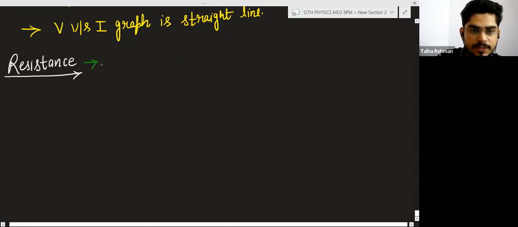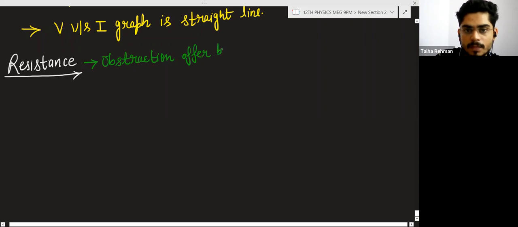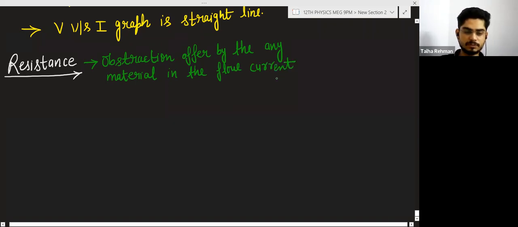Obstruction, you can say hindrance, offered by any material in the flow of current. The resistance will try to oppose the flow of current.